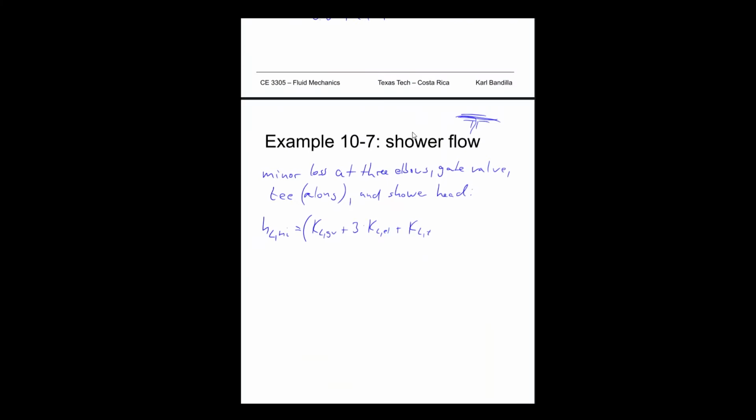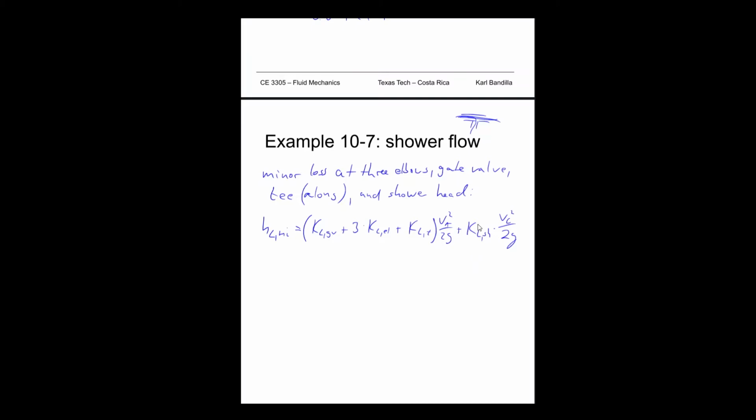So that is all times VA squared over 2g, and then we add the KL for the shower head times VC squared over 2g.